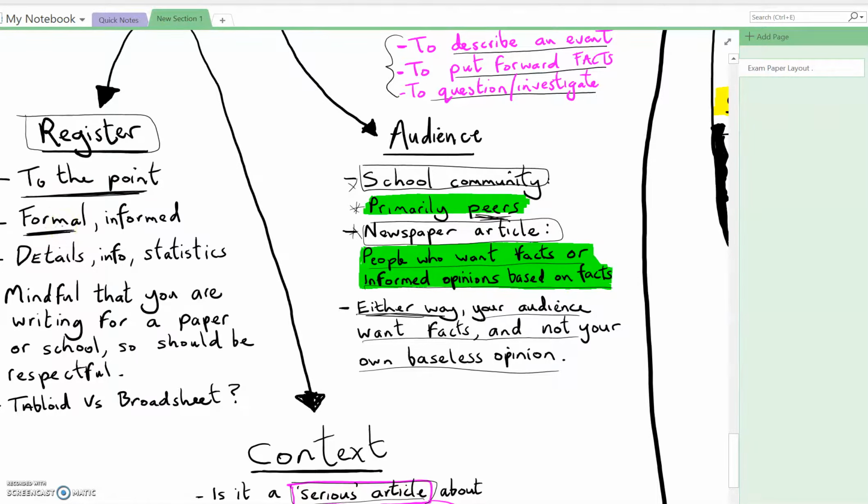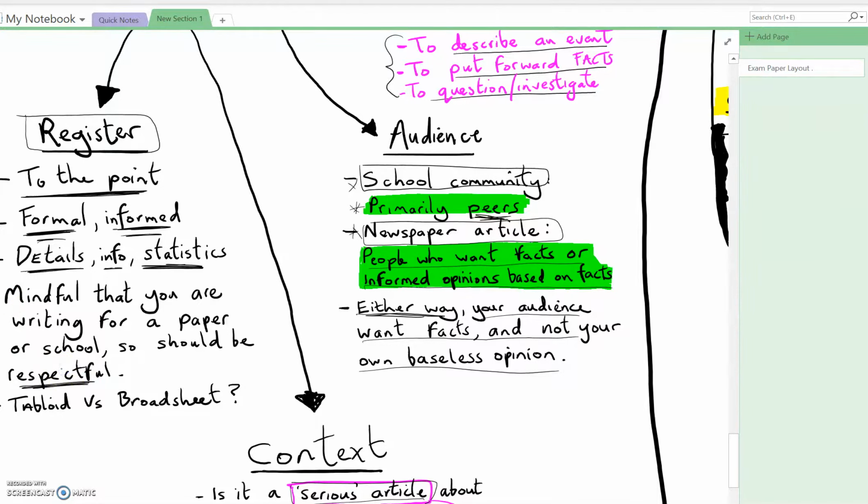You can slightly tweak that if it's for your peers. If it's a school article, it can be a little bit less formal. But if it's a newspaper article, it definitely should be formal and informed. You should have facts and details and information and statistics. You should be mindful that you are writing for a paper or a school, so you should be respectful.